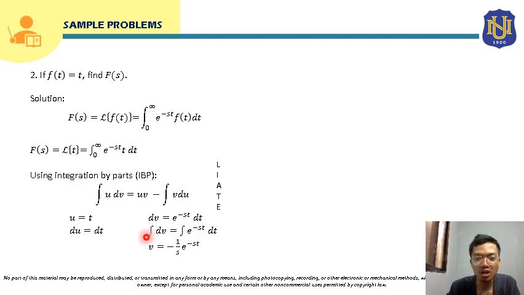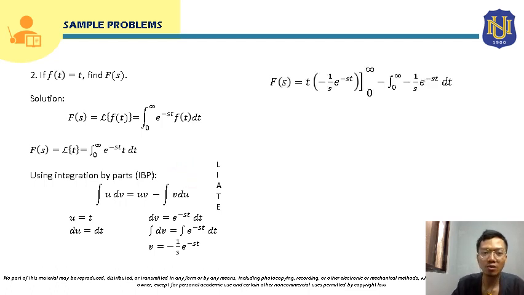Okay, so from here, we can now apply the formula for integration by parts. That will just be uv minus the integral of v du. Applying that, f of s is equal to our u here, which is t, and our v here is negative 1 over s e raised to negative st. We just substitute that: uv minus, and there is a limit here, so we are going to evaluate this from 0 to infinity, minus the integral of v du.